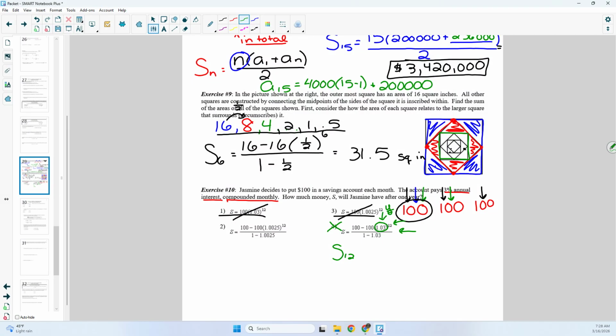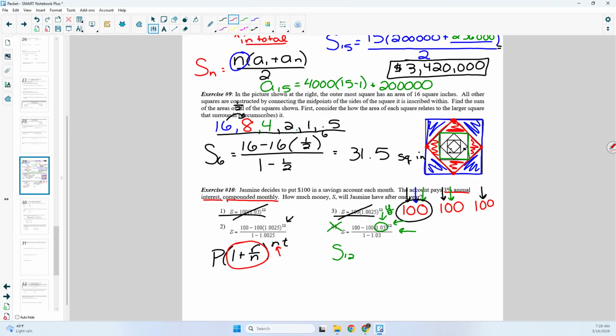The way I could get a 12 out, because this one also has a 12, is if I think about this and make my n months. If I made my n months, how much is this growing per month? When I compound monthly, that leads me to this formula, and this is going to be my base.